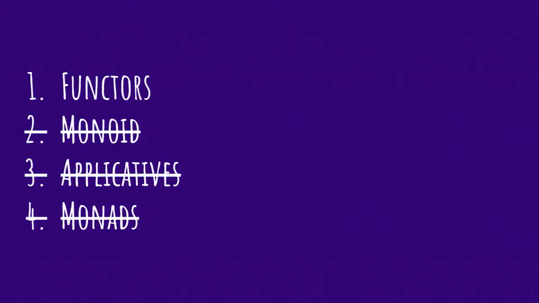So in category theory, there are a lot of weird names, like functor, monoid, applicative, monads. And I will not try to explain even monads and the others. I will try to explain functors only, and hope I succeed.